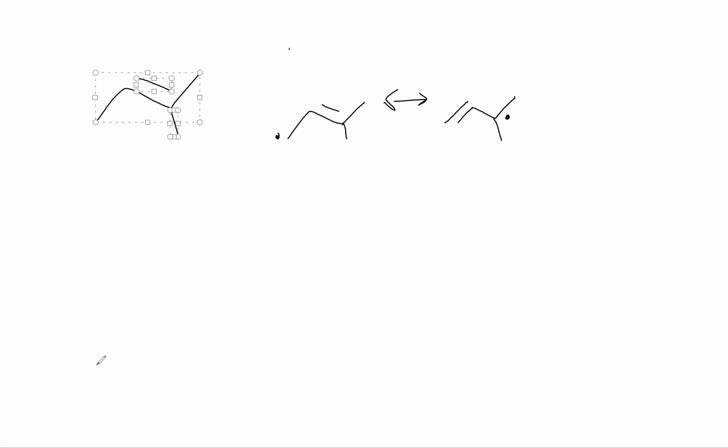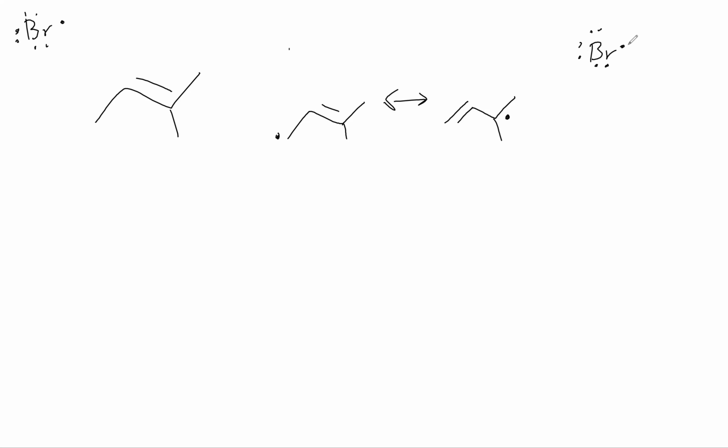Okay. So let's say that we create our bromine radical. It reacted with this guy to make HBr, and now we have another bromine radical that's going to want to react. And you say, which one of these is going to be major? Well, both of them are going to be major.